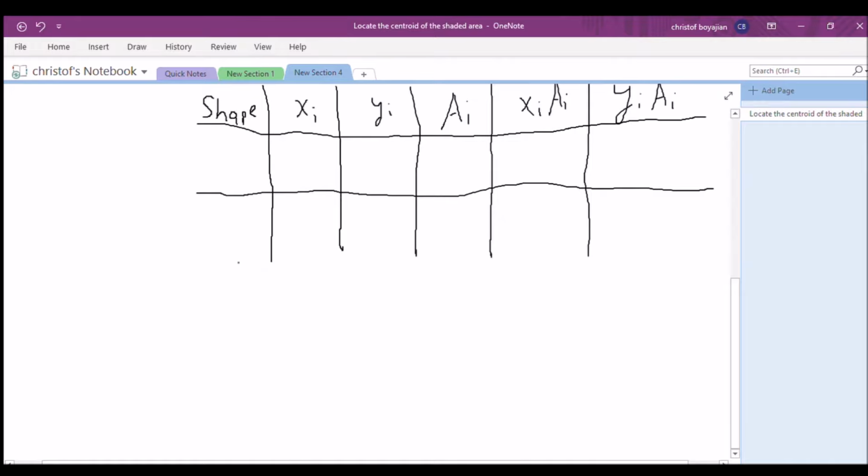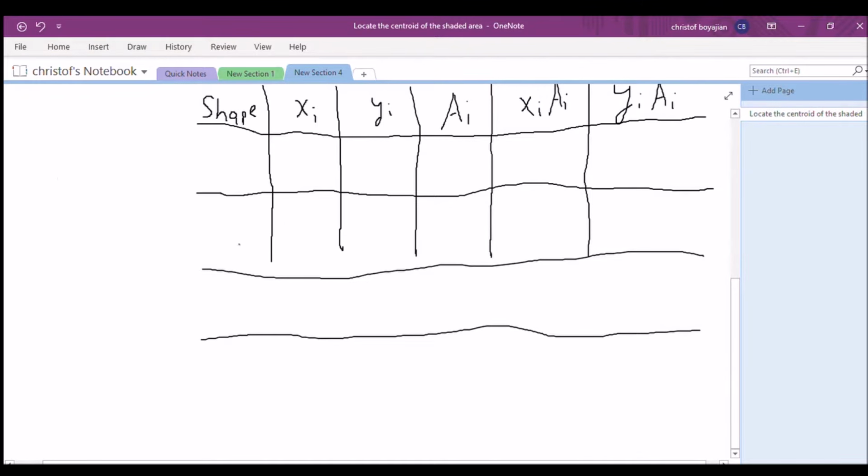So we're going to have 4 shapes here. So I should actually make 4 rows. So that's 3 rows. We need 1 more row. Okay, perfect. And let me go ahead and extend these lines down.